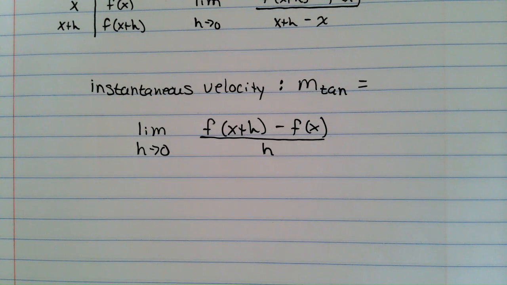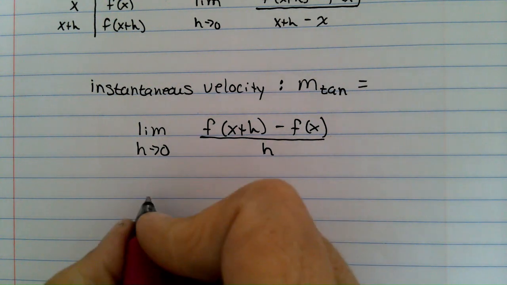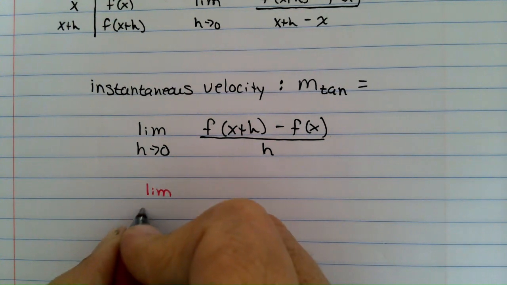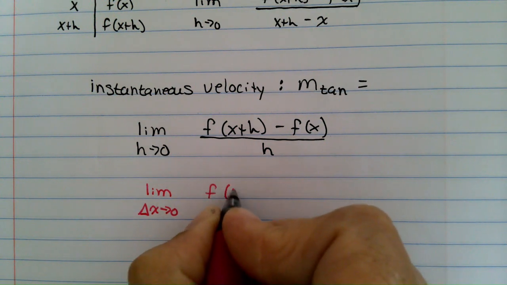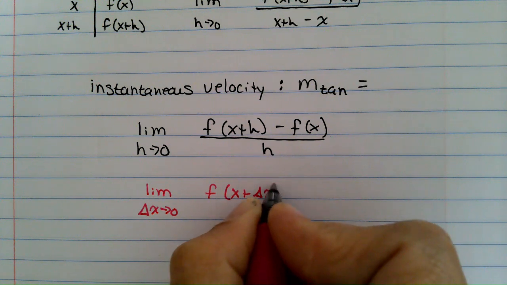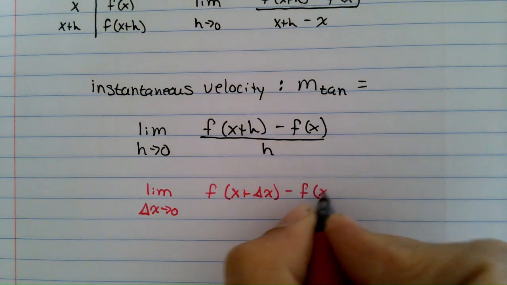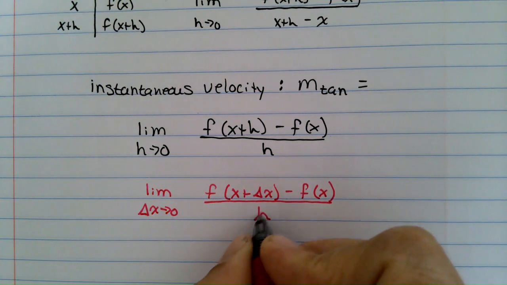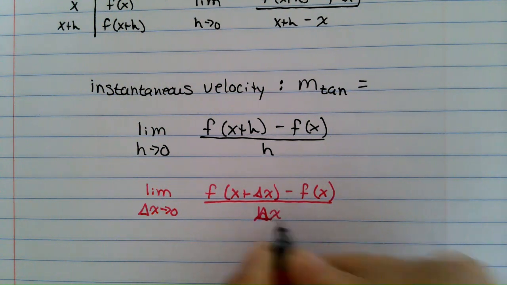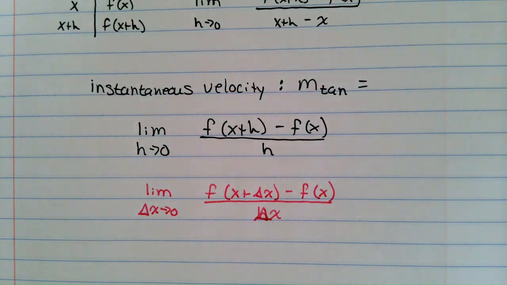Okay, some books write this. That's a lot of delta x's to use. I like to use h, that way we can see a difference in our variables, because delta x squared, delta x cubed, it gets a little out there, okay?